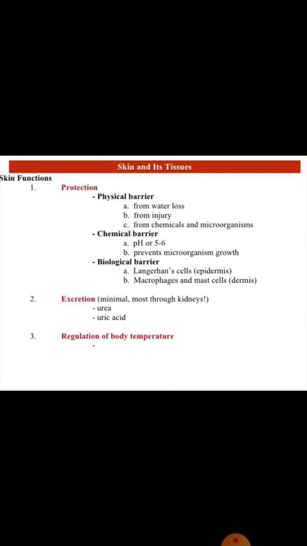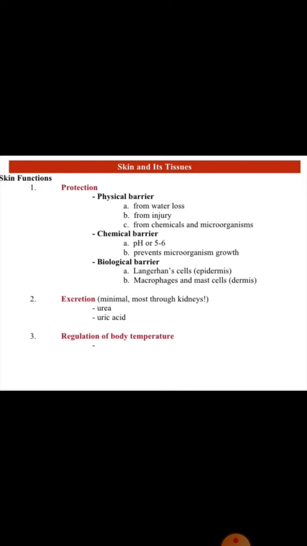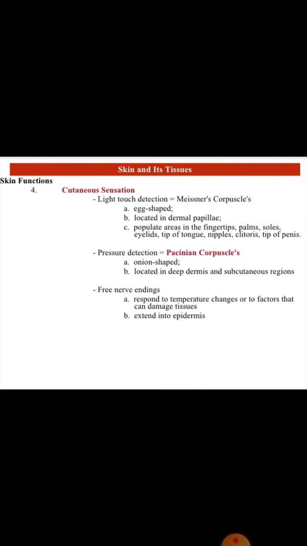Then the second function is skin excretion, minimal, most is through the kidney. ज़्यादातर तो excretion हमारी कहाँ से होती है, किडनी के थ्रू, but a minimal amount of excretion takes place also through the skin, that is urea and uric acid in the form of sweat. Regulation of body temperature is the most important function of the skin. We will further discuss in detail how it regulates the body temperature.